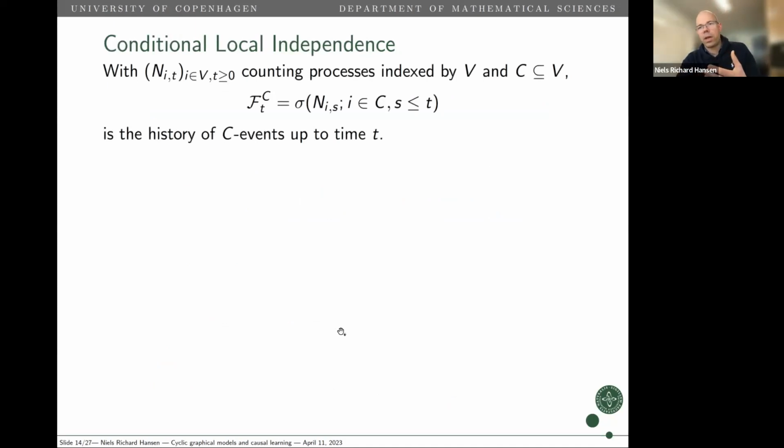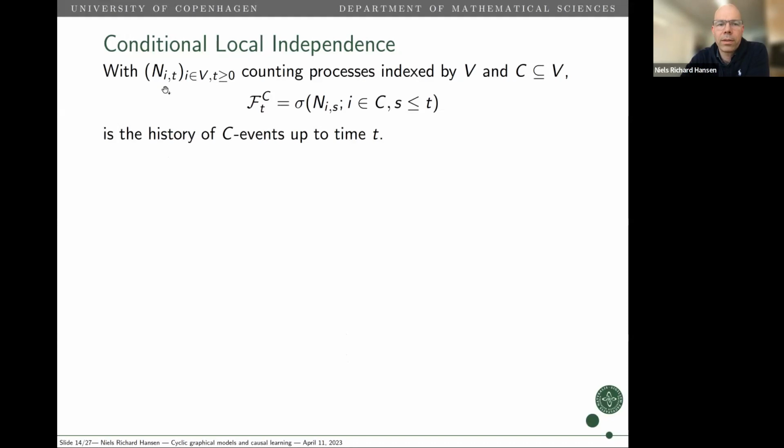So that was how we could specify processes in terms of intensities. Another thing that is also of interest is the probabilistic independence model that these processes actually give rise to. This is the probabilistic independence model known as local independence or conditional local independence that I will look more into.